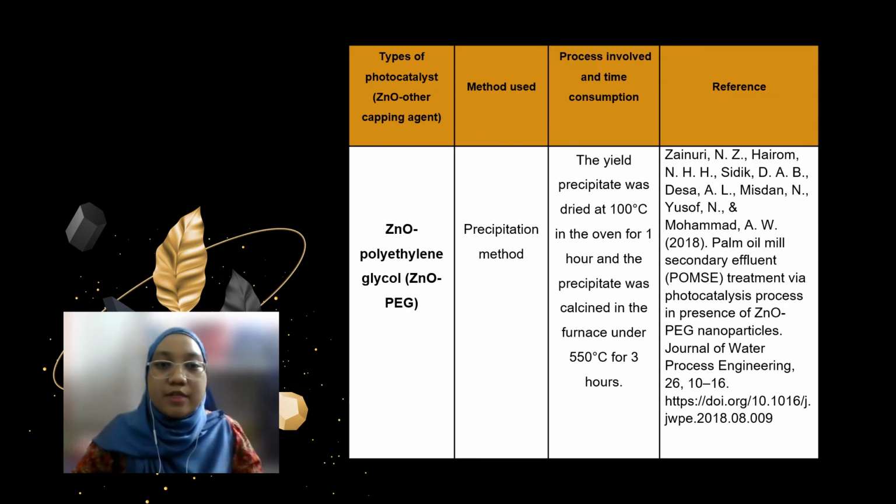The yield precipitate was dried at 100 degrees Celsius in the oven for 1 hour, and the precipitate was calcined in the furnace under 550 degrees Celsius for 3 hours. But if we use zinc oxide clay liquid as a photocatalyst, the time consumption may be decreased.